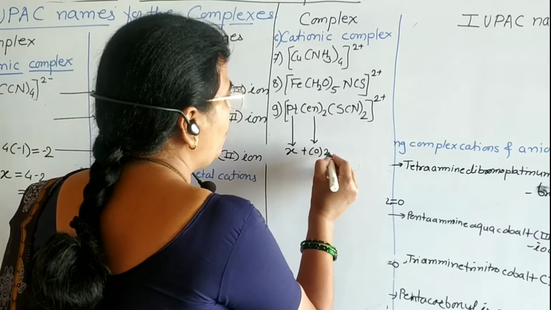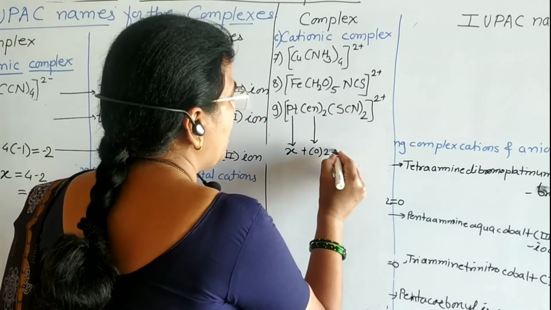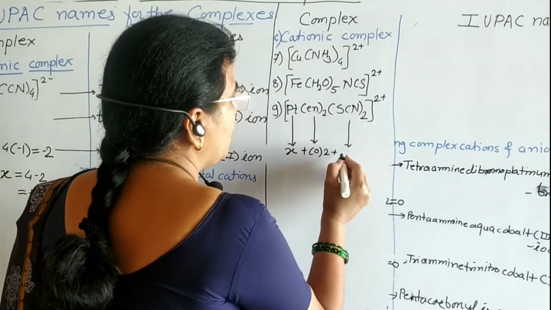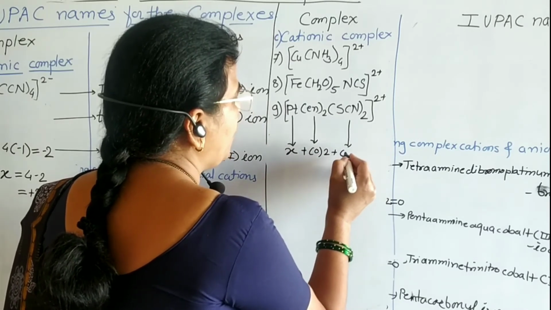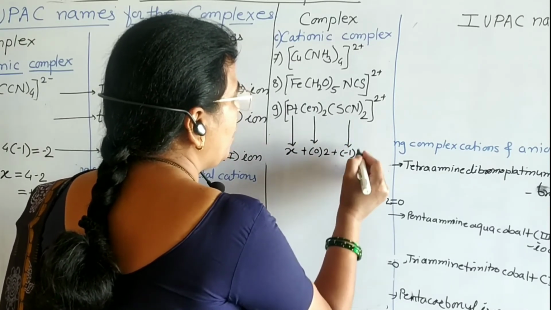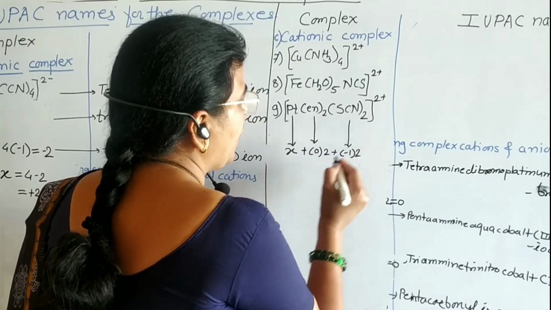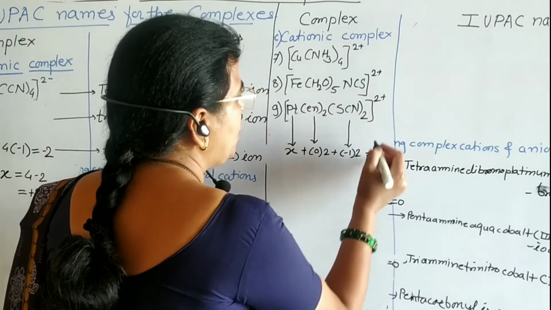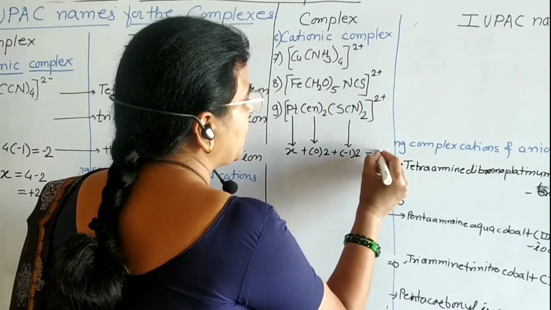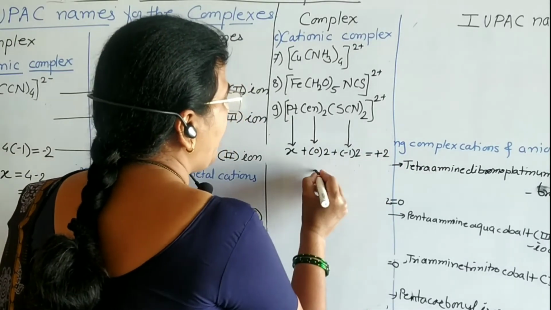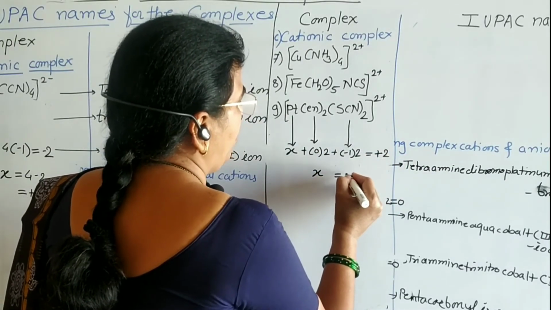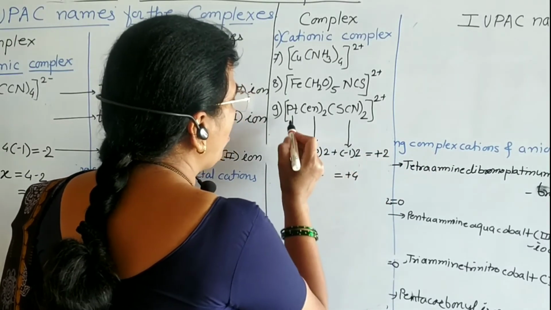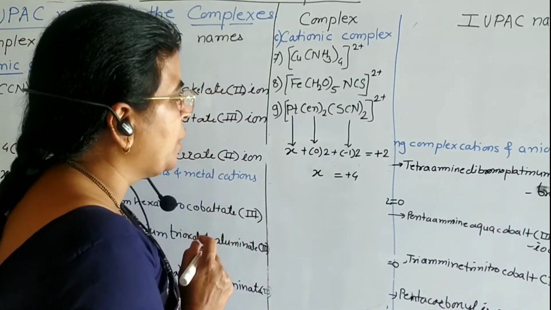There are 2 ethylene diamine plus oxidation state of this SCN, that is thiocyanate, is -1. There are 2 thiocyanate. Therefore write 2 is equal to oxidation state of this cationic complex, which is +2. Therefore X becomes +4. Therefore oxidation state of platinum becomes +4.